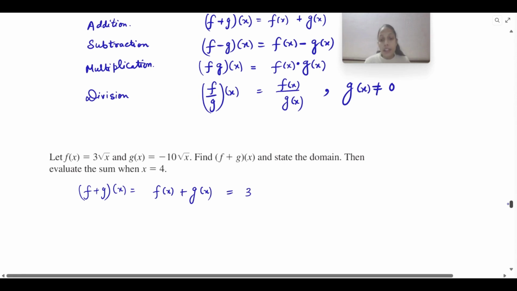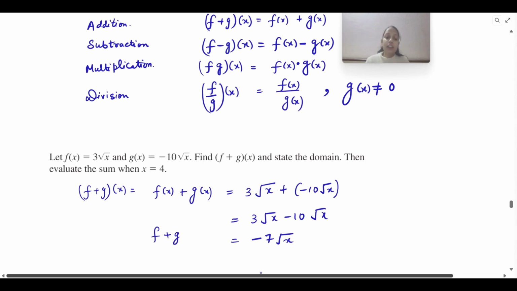Fx is 3 times root x, gx is negative 10 root x. Simplify: 3 root x minus 10 root x, that's negative 7 root x. This is the function f plus g of x.